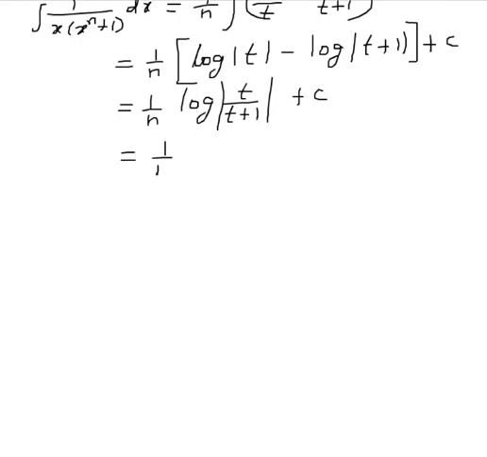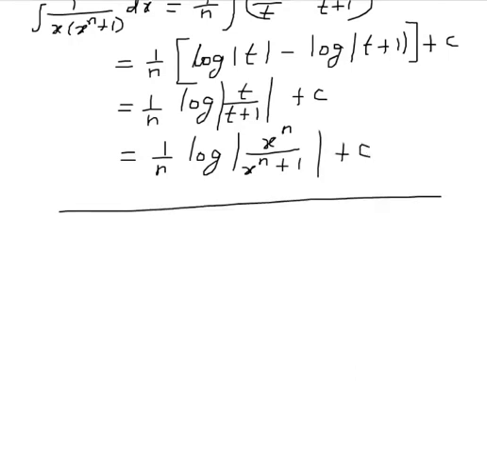And substitute for t. Therefore, the answer is 1 by n log of absolute value of x raised to n divided by x raised to n plus 1, plus c. The same method is applicable for question number 20 and 23.